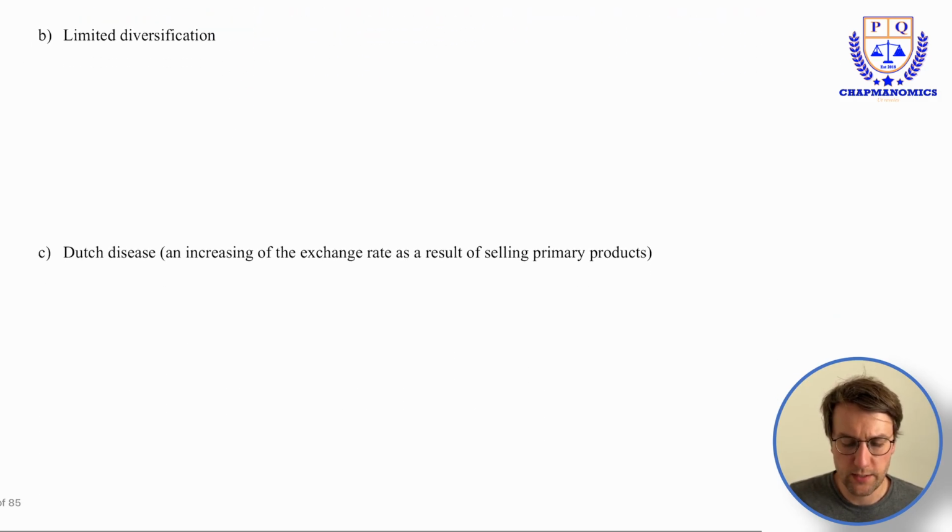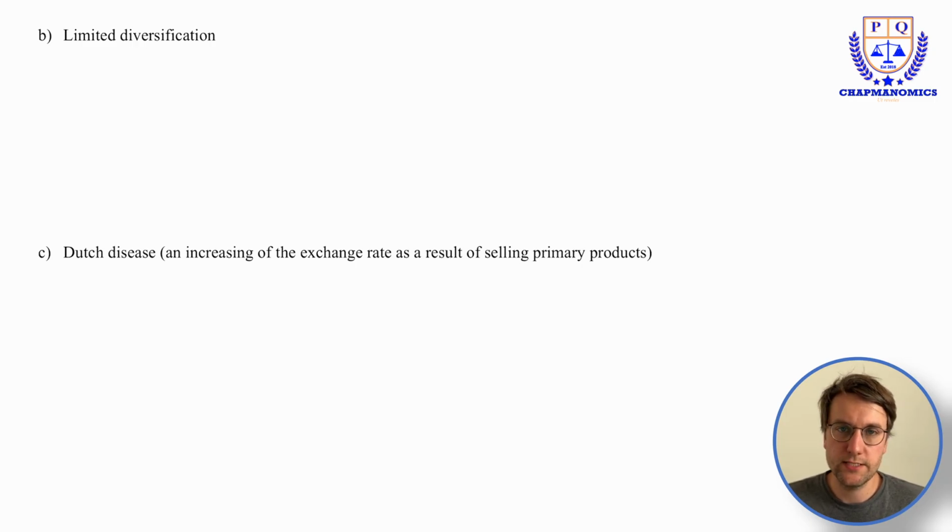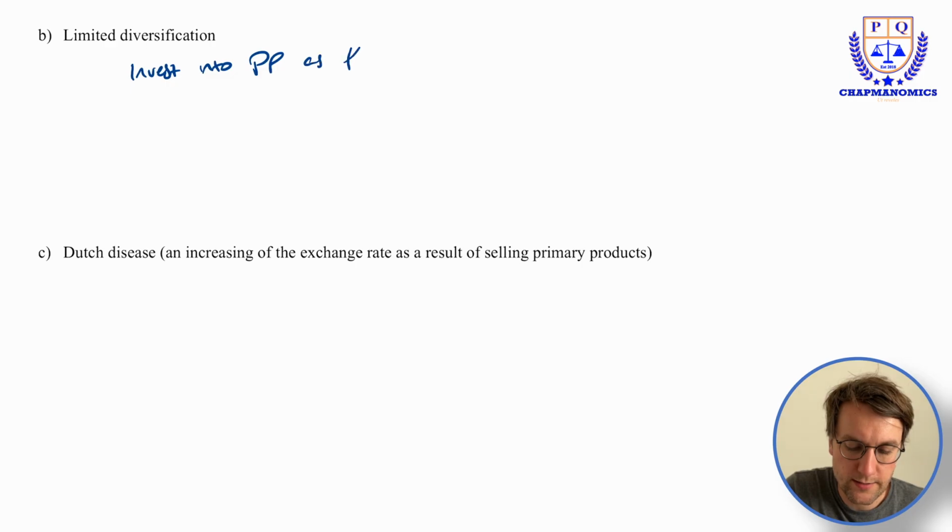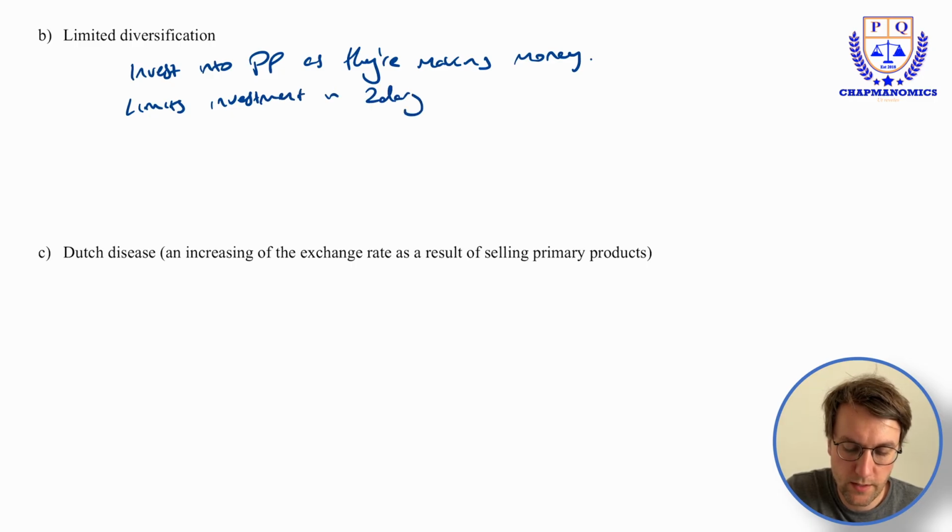The second way in which being primary product dependent affects economic growth is through limited diversification. If we are primary product dependent, it means that we are focused on only producing primary products. And so we're going to invest into primary products as they're making money, which limits investment into secondary industry.